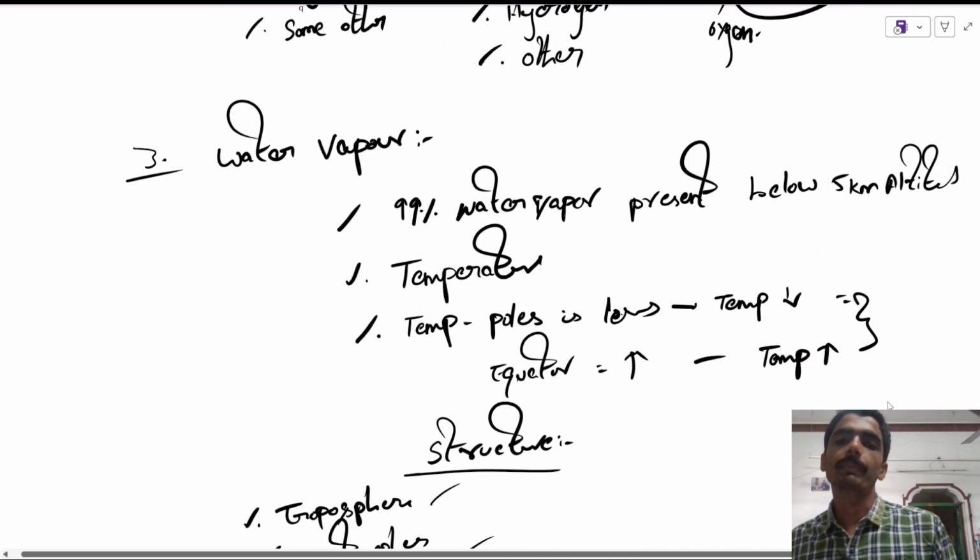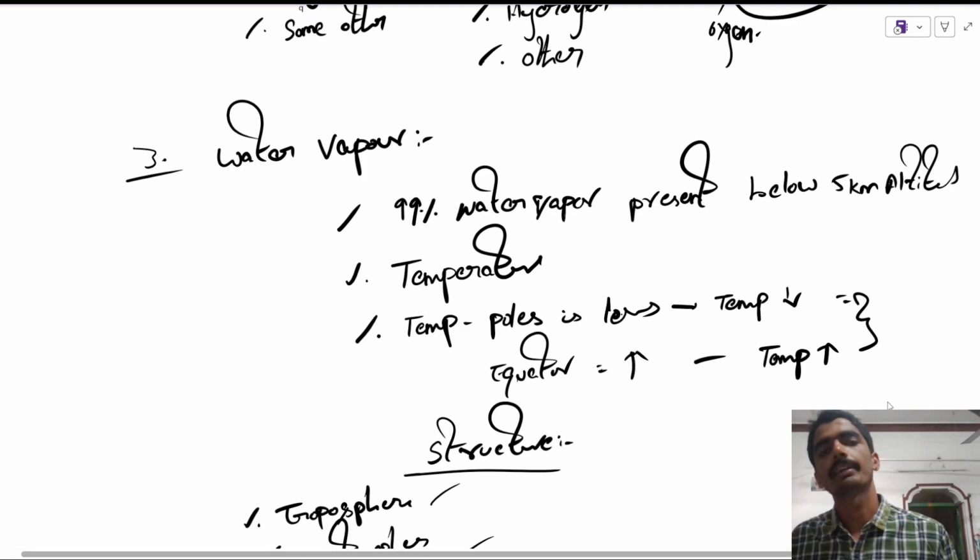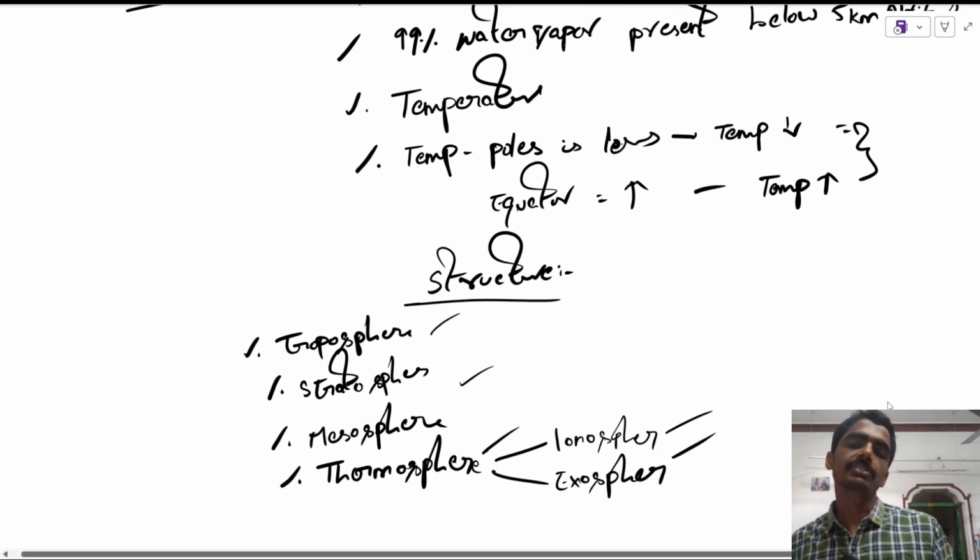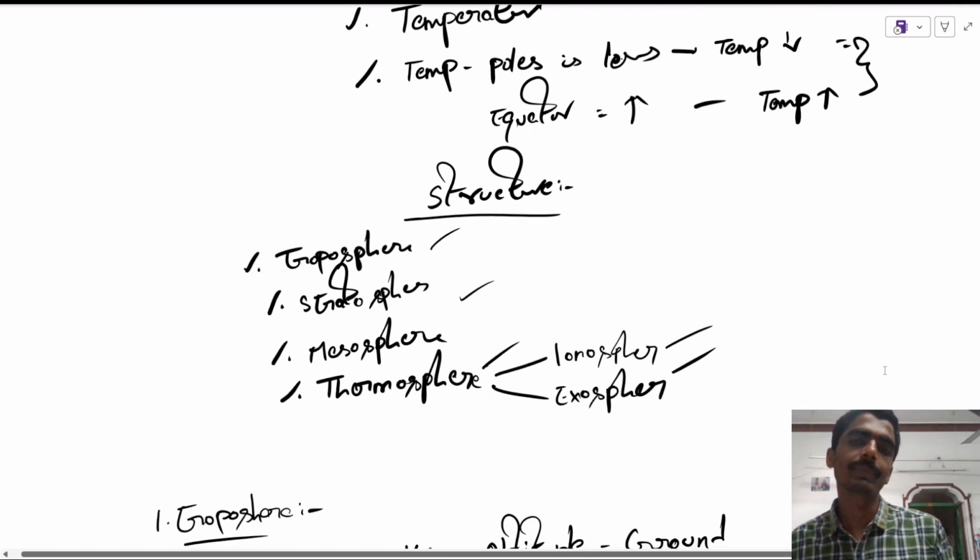Then water vapor, 99% of water vapor is present below 5 kilometer altitude, and it changes due to temperature. At the poles it was very less, at the equator it was very high due to the high temperature at the equator because the earth bulges at the equator.